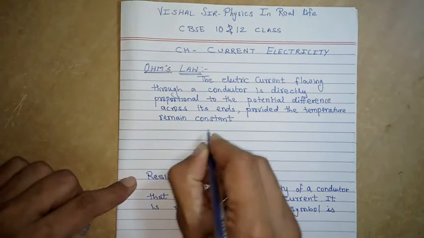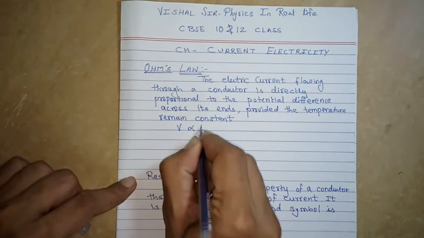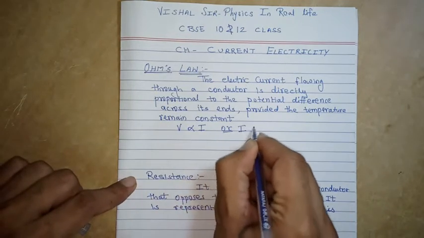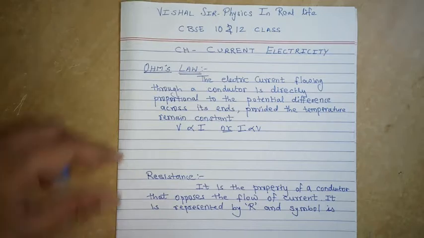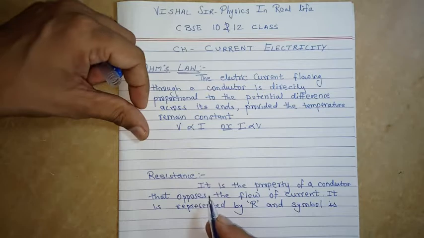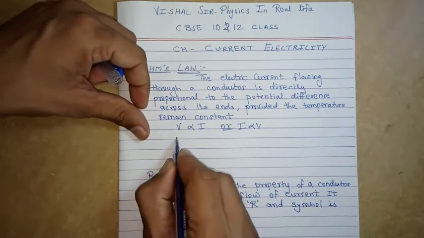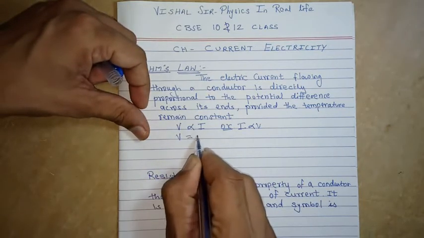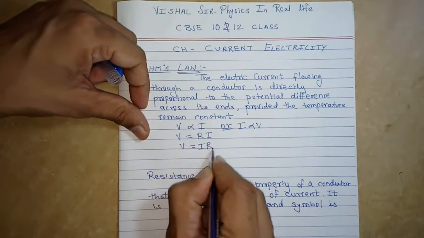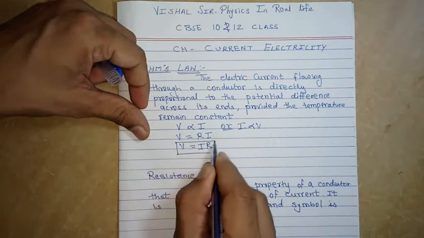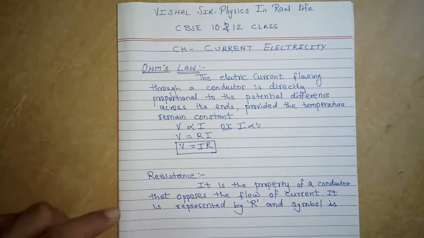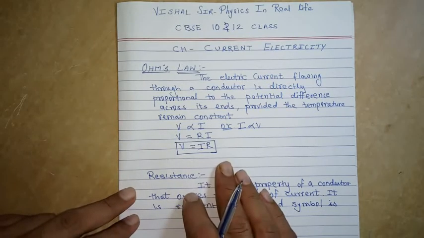So according to Ohm's law, V is proportional to I, or I is proportional to V. When we remove the proportional sign, we use a constant, which we later call resistance. What we get is V equals capital R times I, or V equals IR, where R is called the proportionality constant for the given metal at the given temperature.